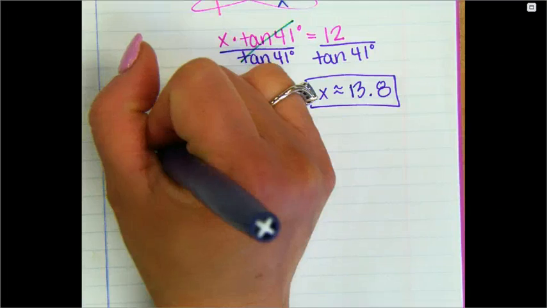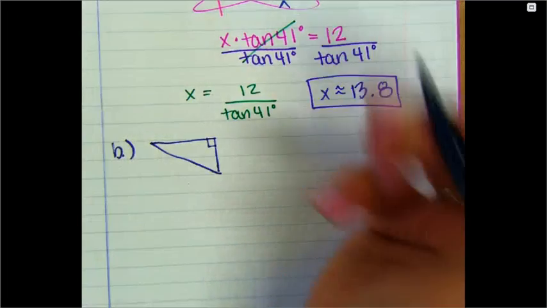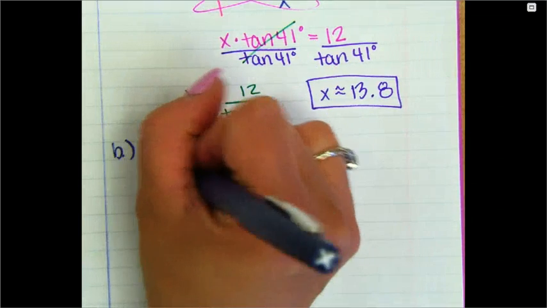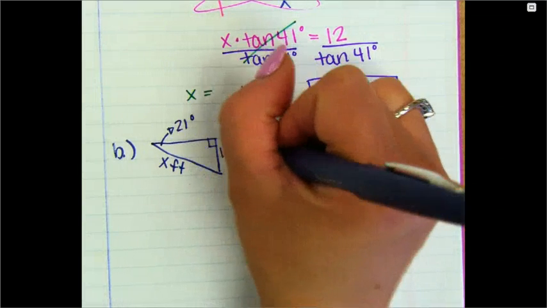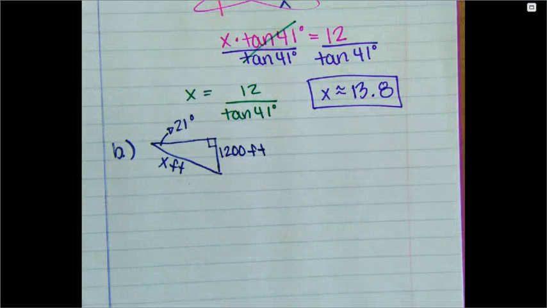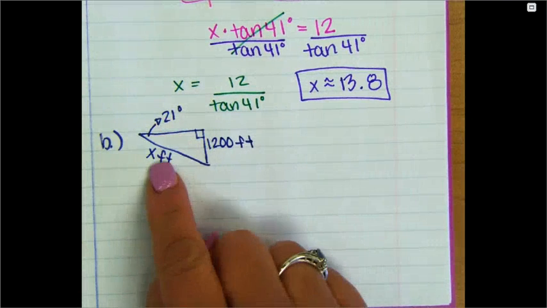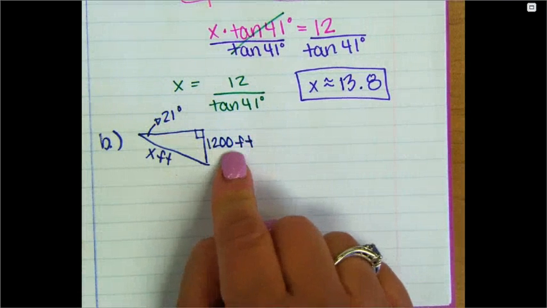Okay. Draw another one. What I want you to do for me is this. You're going to set up the whole chart, and you're going to check with someone next to you before you actually start to solve, just in case you set the chart up wrong. We have 21 degrees here, we have x feet, and we have 1,200 feet.